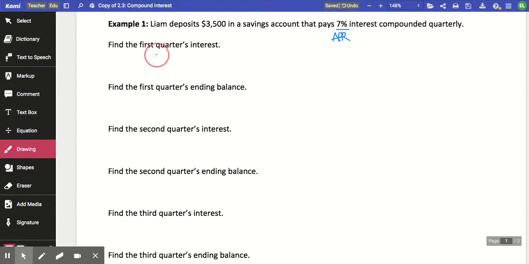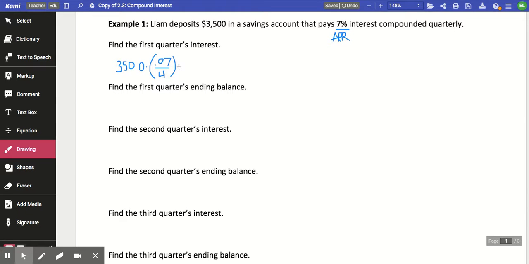So first, we need to convert that to a quarterly interest rate. So we take 0.07 divided by 4, and then we multiply that by the principal amount, 3,500.